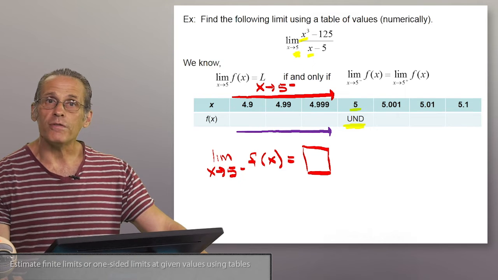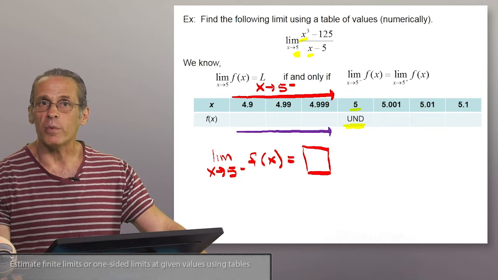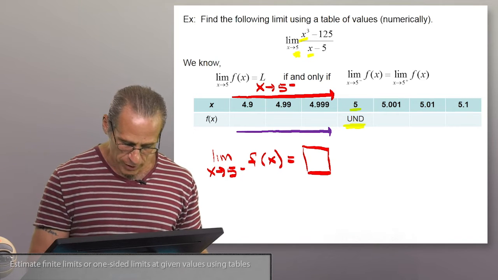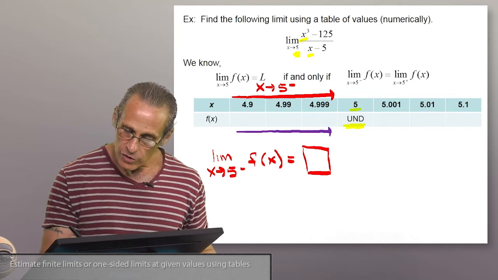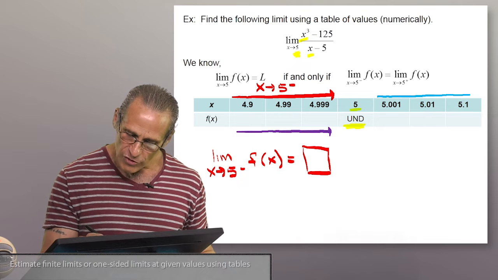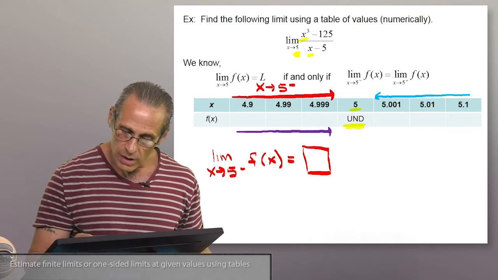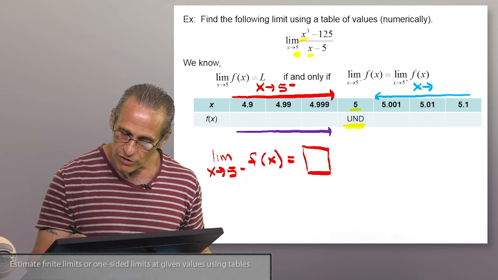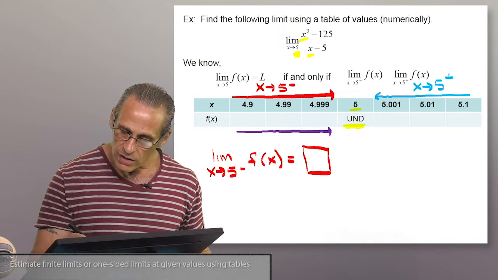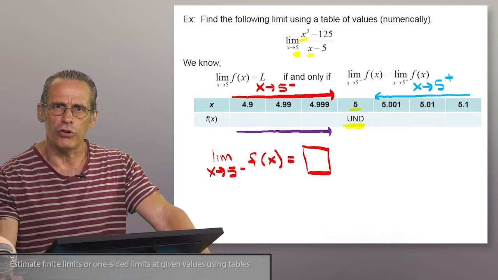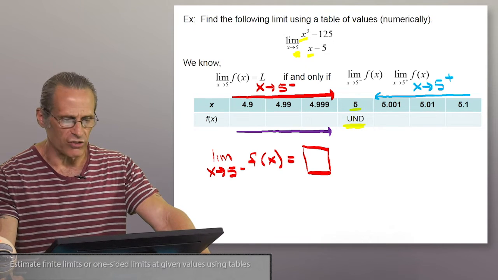Next, we're going to approach 5, but from the other side of 5, with values that are greater than 5. So we're going to approach from the right. As I near 5, it's strange, but I'm actually getting closer as I go from right to left, if that makes sense. These values are approaching 5 from the right, so we write x approaches 5, and we put a superscript of a plus sign to denote that we're approaching from the right.